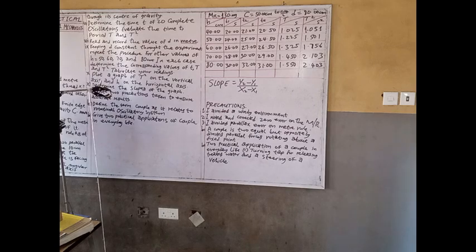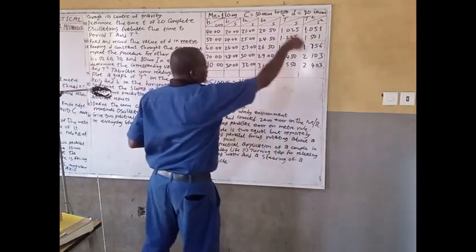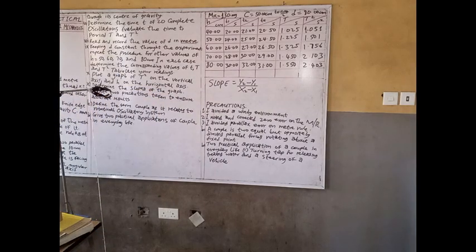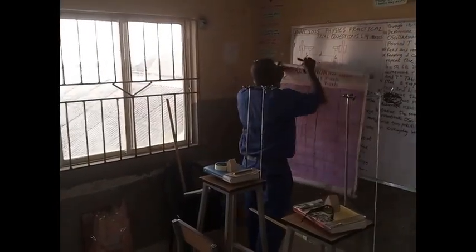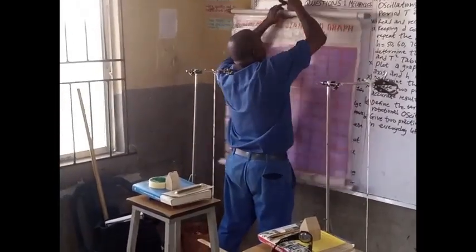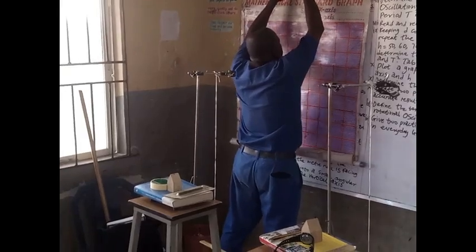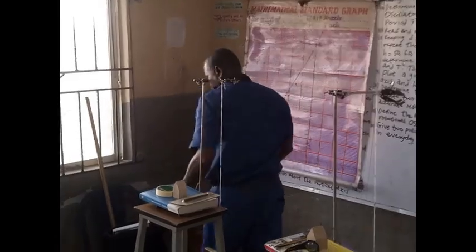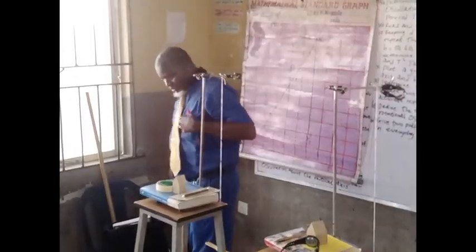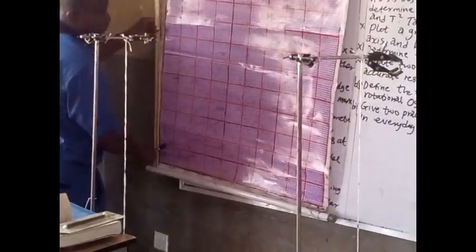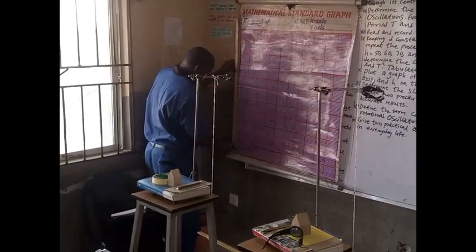The next thing is to plot the graph of T squared against h.